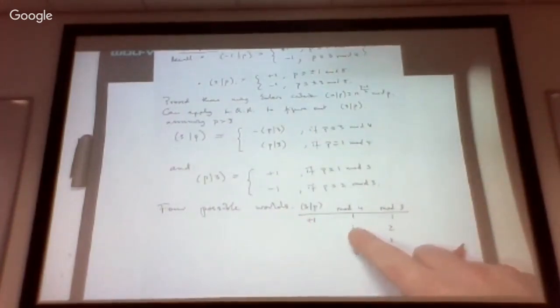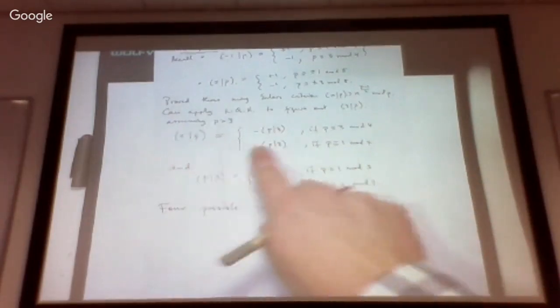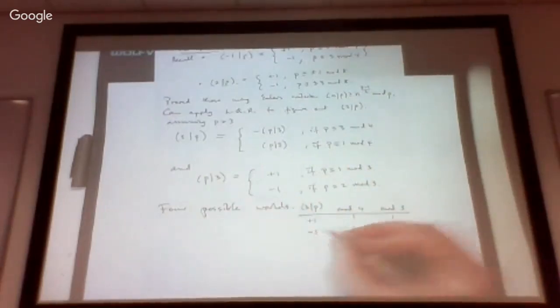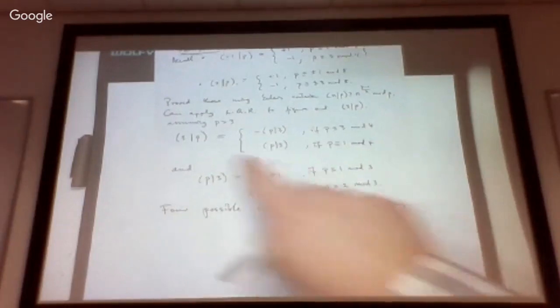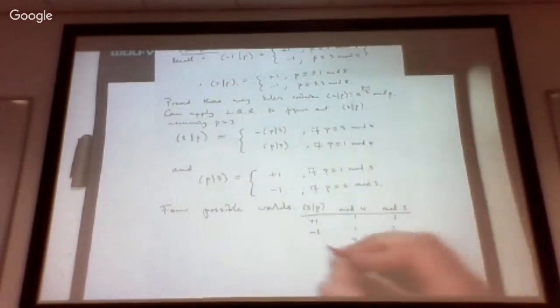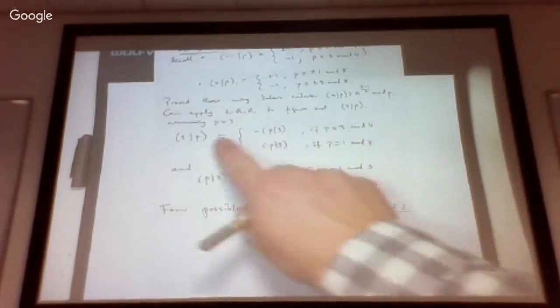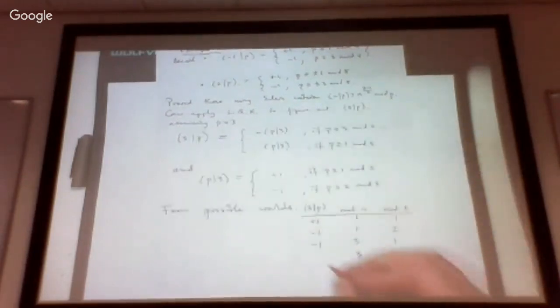If it's 1 mod 4 but 2 mod 3, then (3/p) is (p/3), but (p/3) is minus 1, so overall minus 1. If you're 3 mod 4 and 1 mod 3, (3/p) is minus (p/3), and (p/3) is 1, so it's minus 1 again. But if you're 3 mod 4 and 2 mod 3, (3/p) is minus (p/3), but (p/3) is minus 1, so it's minus minus, so plus 1.